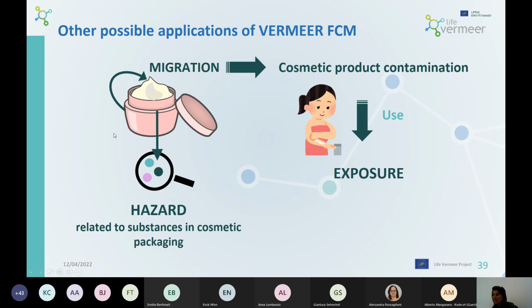Because also in this case, the exposure to possible compounds in your packaging will be driven by migration. Only when a compound migrates from your packaging, in this case not for a food but a cosmetic product, there might in the end be exposure.